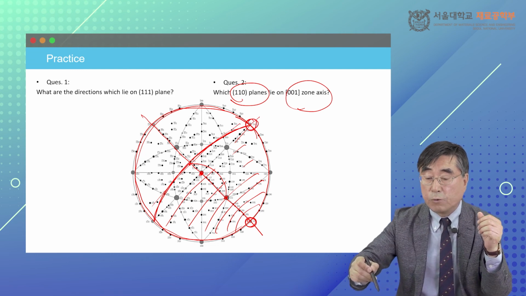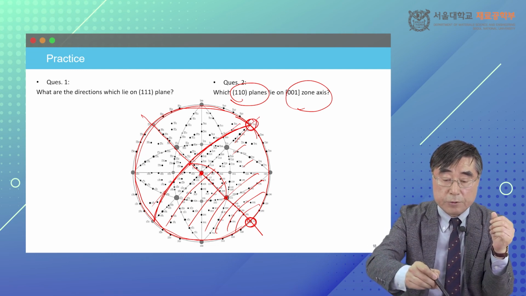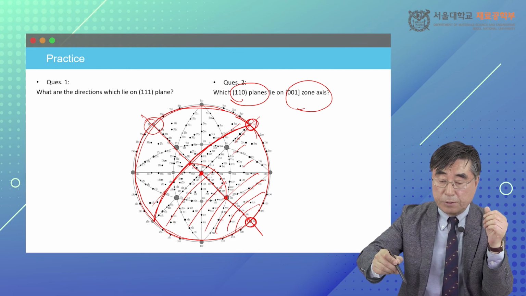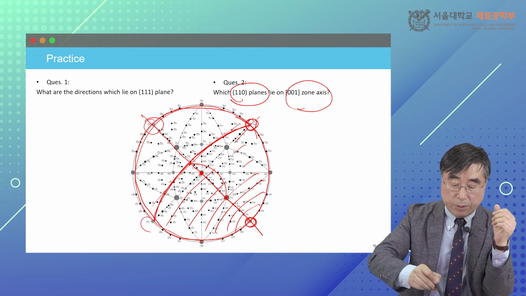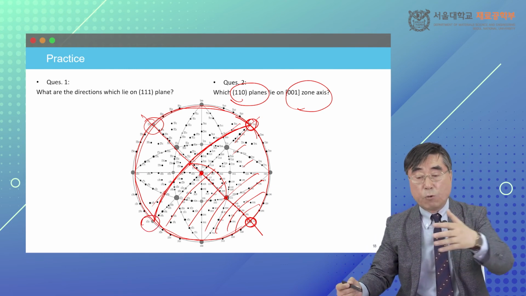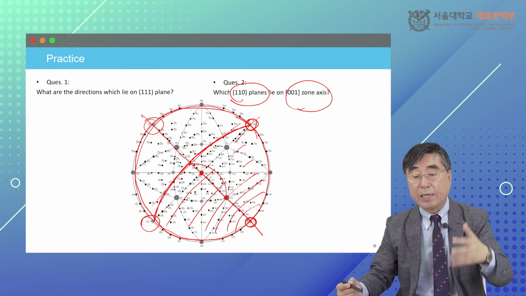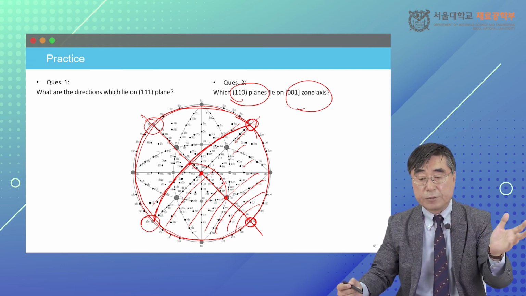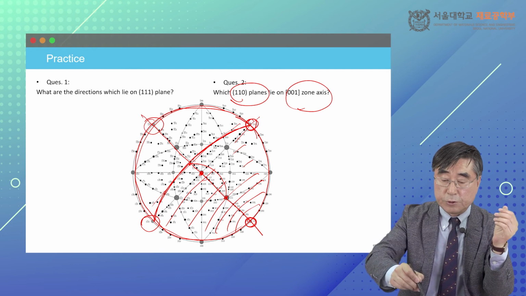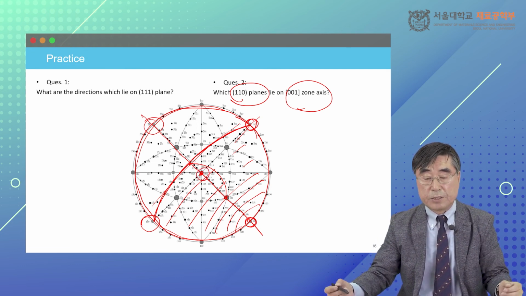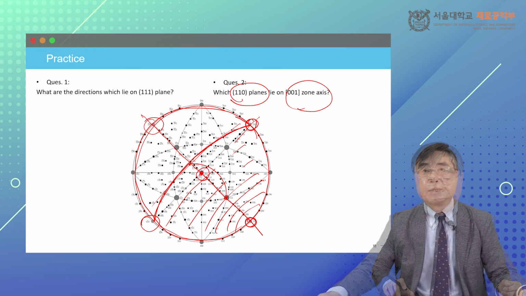This is another 1 bar 1 0, and now this is 1 bar 1 bar 0. So there is 1 bar 0. These four 110 type planes have a 90-degree angle separation from the 001 pole. So this is the practice that you can do.